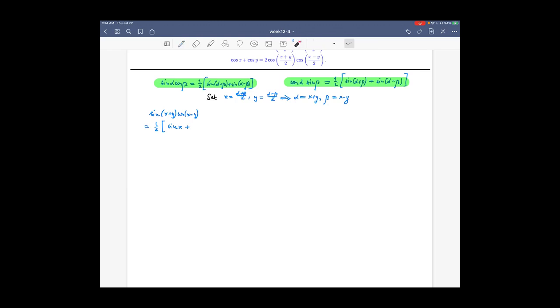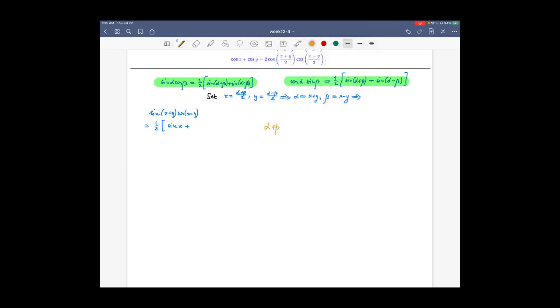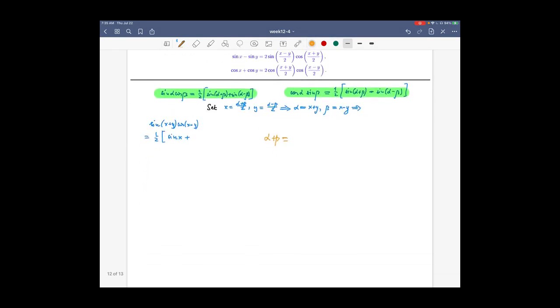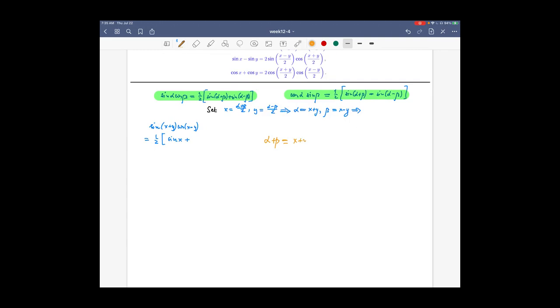All right, so what is alpha plus beta? Alpha is x plus y, beta is x minus y. Alpha plus beta is x plus y plus x minus y. So that's simply 2x.